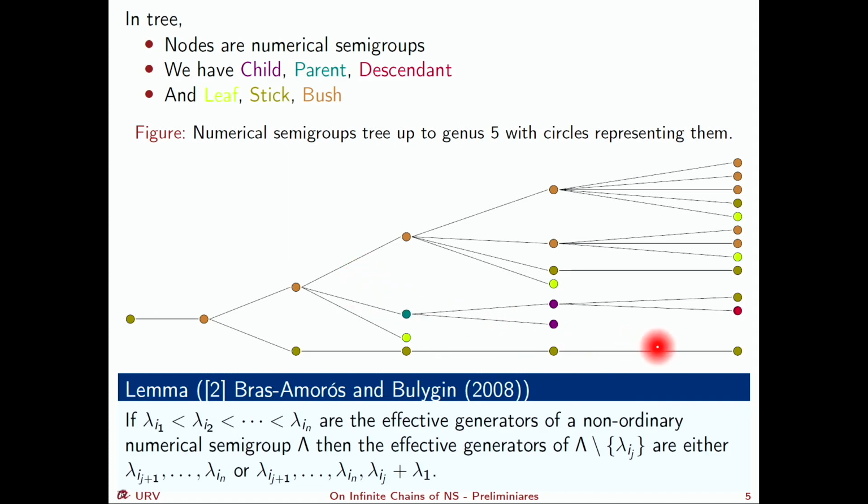For instance, here in red, this node is a descendant of this blue node here. We also have leaves, nodes with no child, sticks, nodes with only one child, and bushes otherwise. That lemma gives us what the children of a numerical semigroup are.